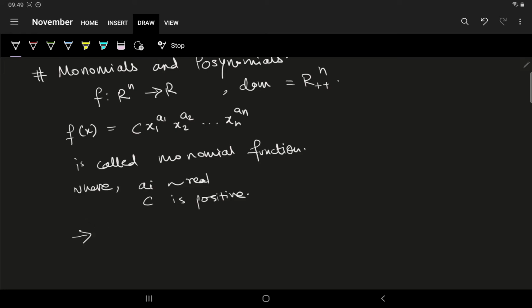Monomials are closed under multiplication and division.